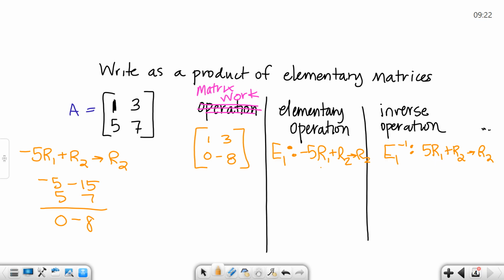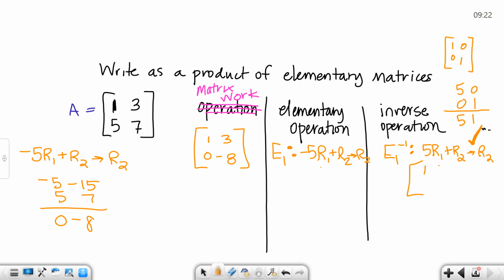Now, at this little point right here, here's my identity matrix. I'm going to go ahead and perform this operation right here on that identity. So it would be 5 times row 1 plus row 2 gives me a new row 2.